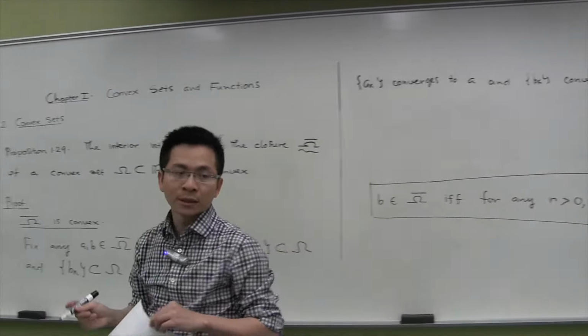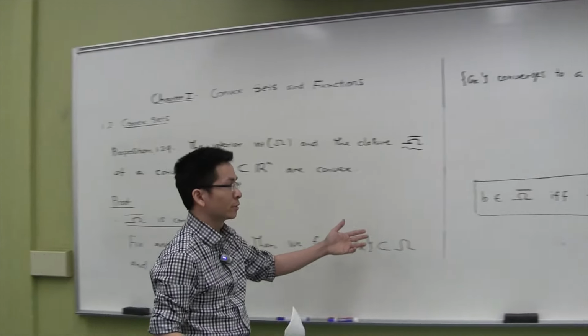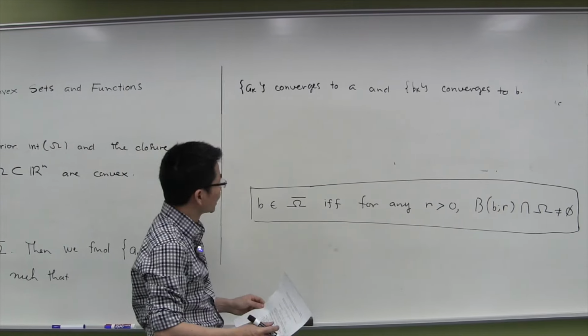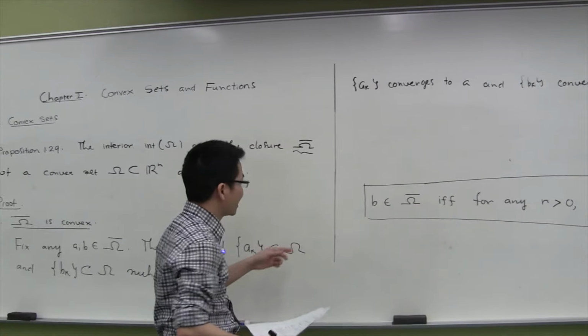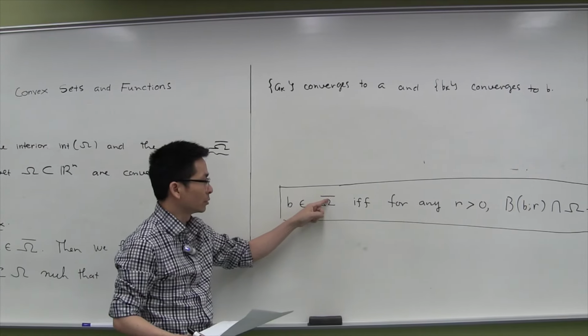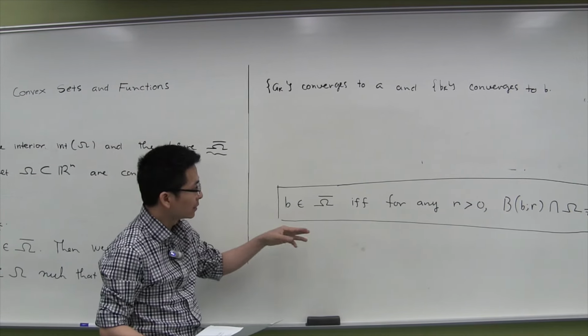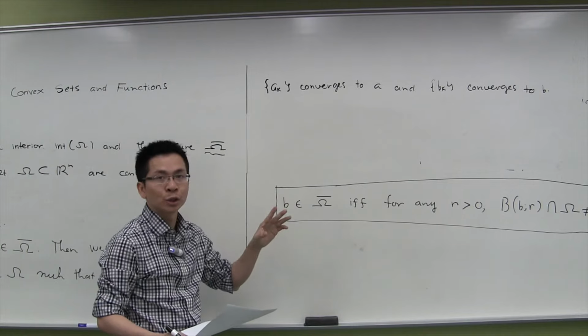Okay, so this property follows from this property. So we can easily show that an element b belongs to the closure of omega if and only if we can find a sequence in omega that converges to b.